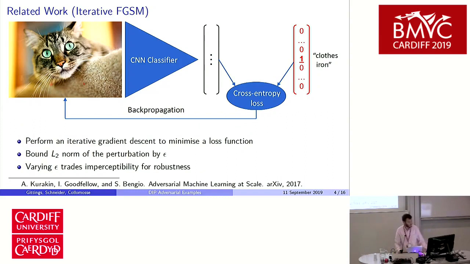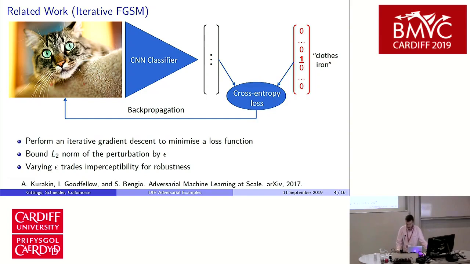So we just start with this picture of a cat up there, and then we push it through our classifier, get out our vector of probabilities, and we take the cross-entropy loss with this one hot vector of the target class, which was in this case clothes iron, and then we can just apply backpropagation right into the original image, into its pixels, fixing the weights in the classifier, and then we just perform a gradient descent like this with a number of steps, and we're bounded in this small ball by epsilon, and that stops our perturbation getting too large.